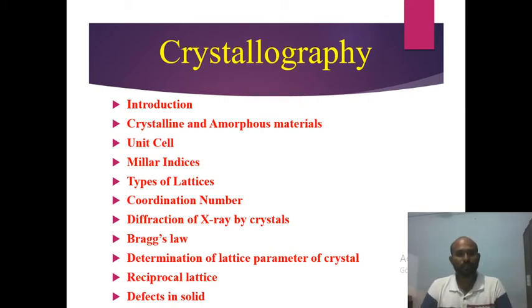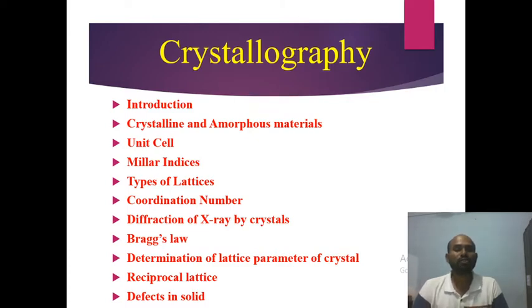Next we see the diffraction of X-ray by crystal, means how to find the XRD pattern from crystal structure. Next we see Bragg's law, 2d sin theta is equal to m lambda, how it will be calculated, how it will be formed.